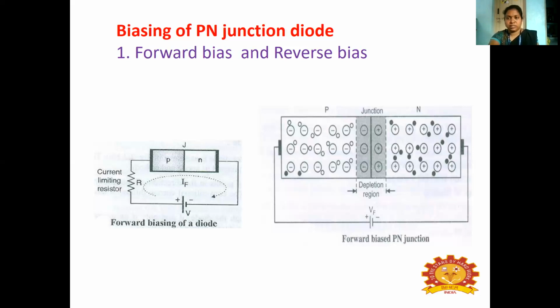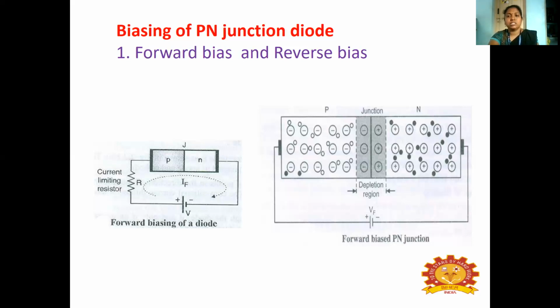And when we start giving the voltage, that is what we call VF, the forward bias voltage, the majority carriers, that is holes from the p-type material, will migrate and move towards the n side. Likewise, the electrons from the n side will migrate and move towards the p side.